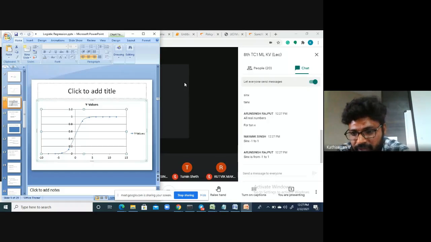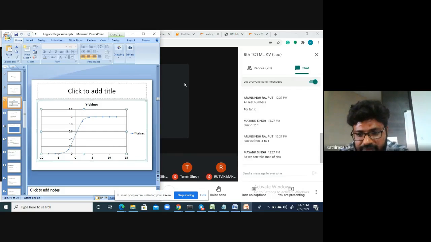So sigmoid function is the only function which is providing 0 to 1. That's why we have taken sigmoid function. So we can take mod of sin x. It will produce 0 to 1.